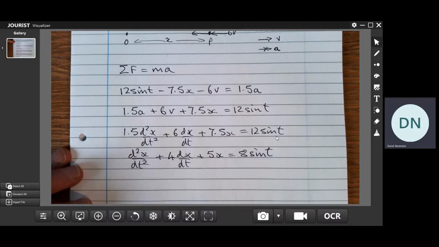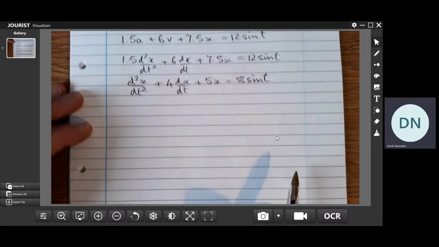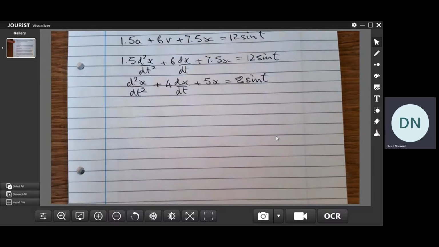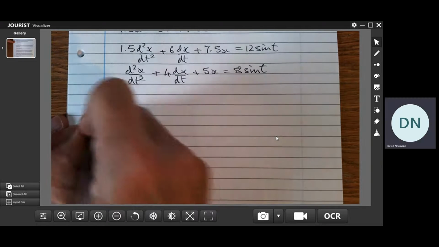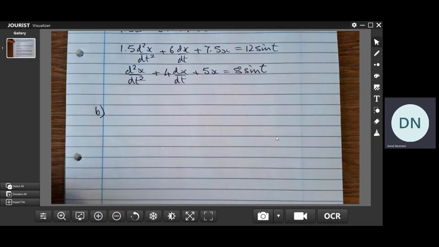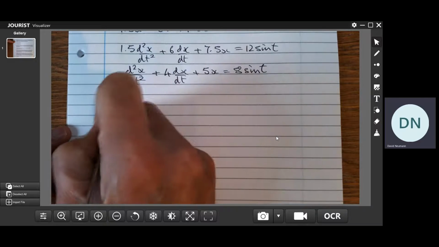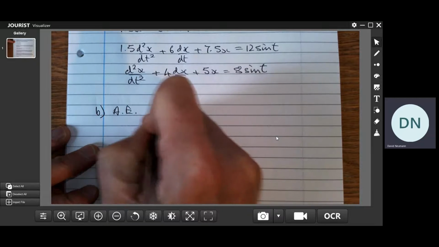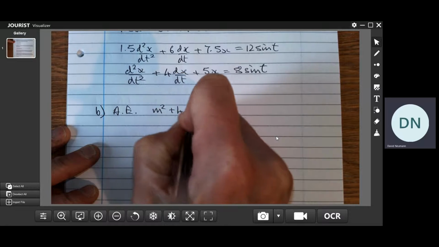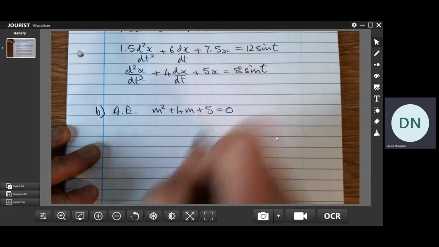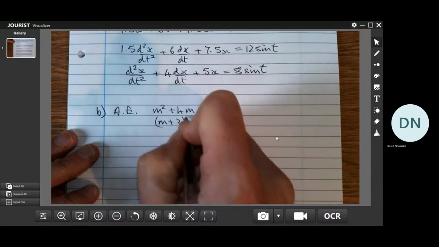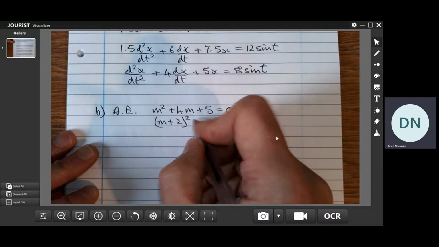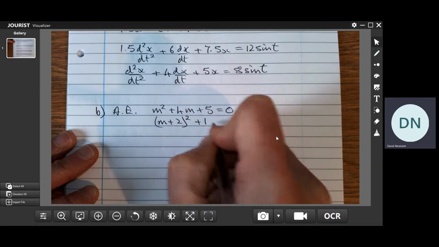So now part B says find x as a function of t, so we're going to solve this equation. For B, we're going to start by solving the homogeneous equation. So the auxiliary equation is m squared plus 4m plus 5 is equal to 0. So (m plus 2) squared plus 1 is equal to 0.